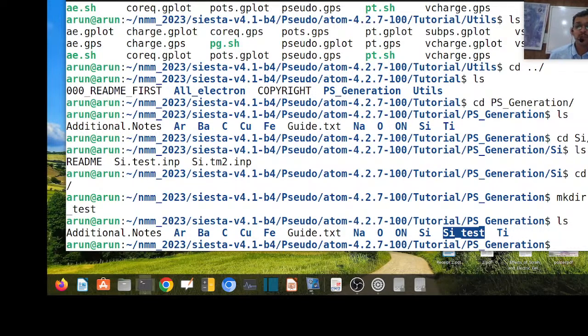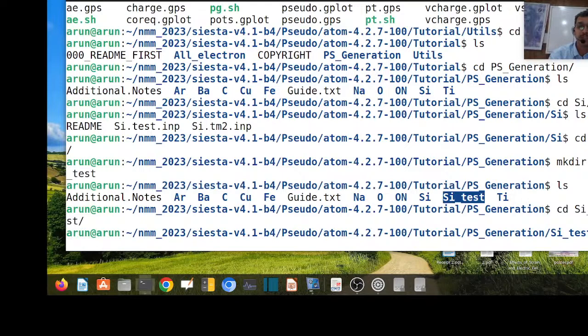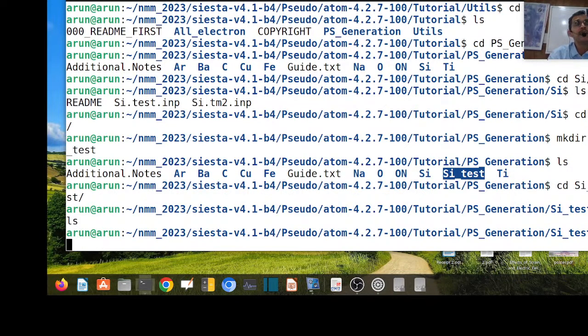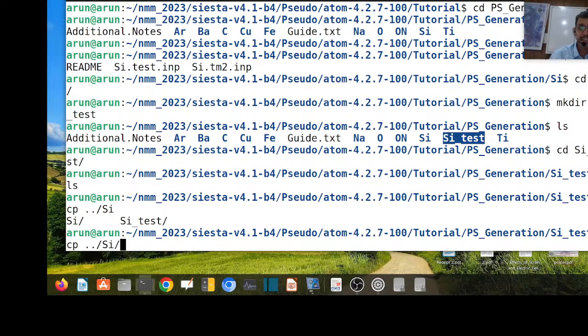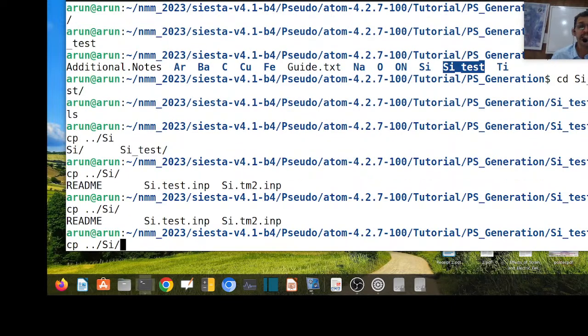So I am going inside the si_test directory which I have created. Now it contains nothing, so I copy the input file from the directory which is already given. I come outside it, and it is the si directory. I go inside it and it contains these three files.